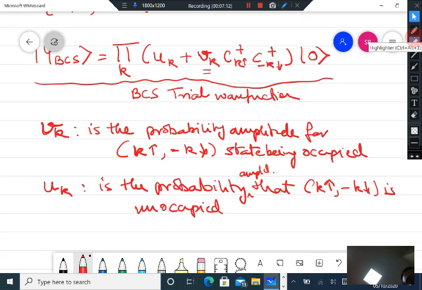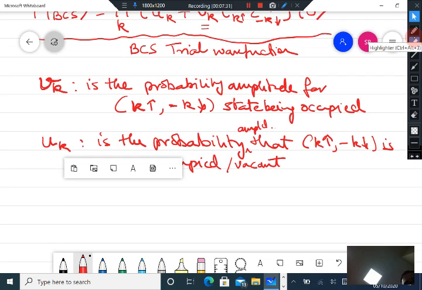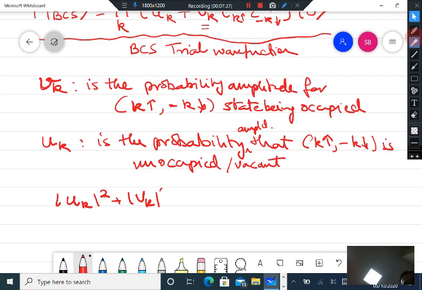So vk square is the probability for the k up minus k down state being occupied, and uk square is the probability that it is unoccupied or vacant. Okay, so one can write that uk square plus vk square is equal to 1.